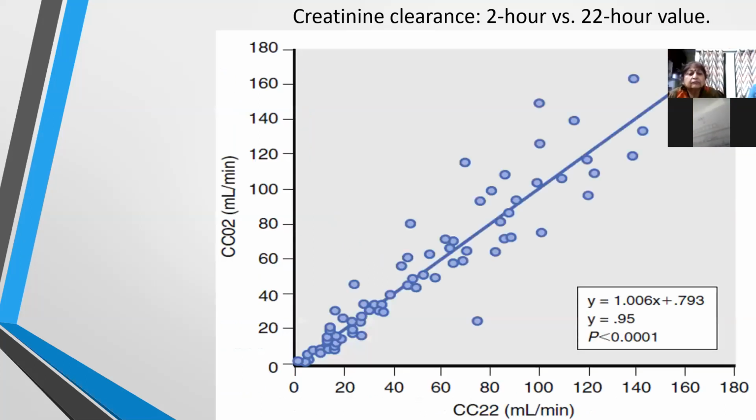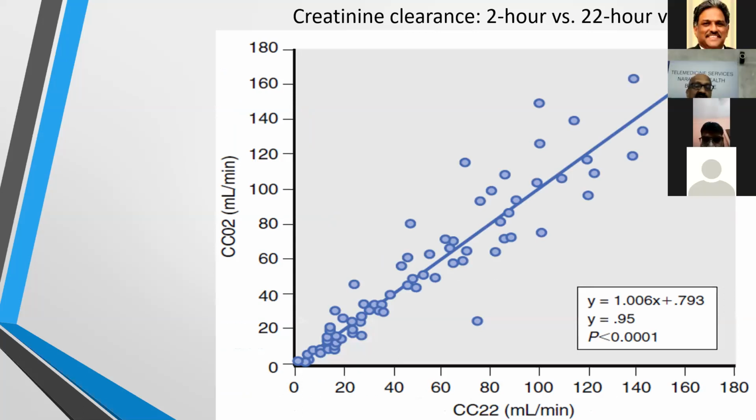This slide shows the relationship between 24-hour urine collection on the vertical axis and the creatinine clearance derived from the 2-hour collection. Between the 2-hour collection and the 24-hour value, there is a good amount of correlation.